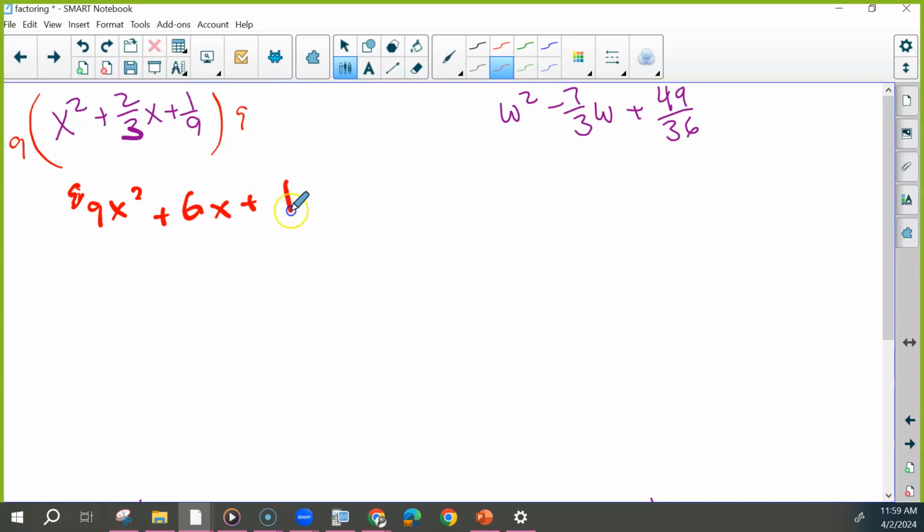And then plus 1. So then it looks like a trinomial that we were just working on. So let's do this, and then I'm going to show you something about the end result.